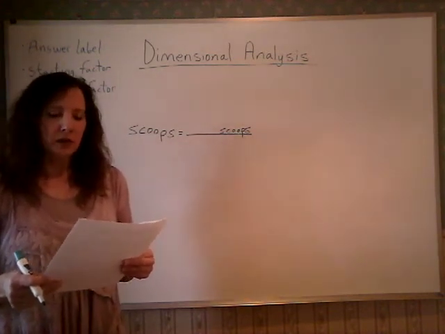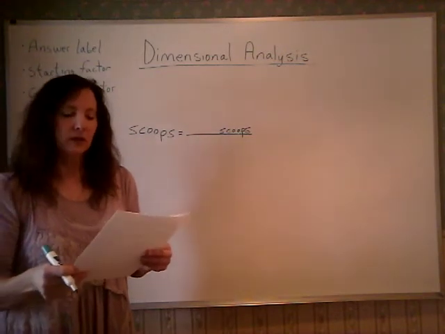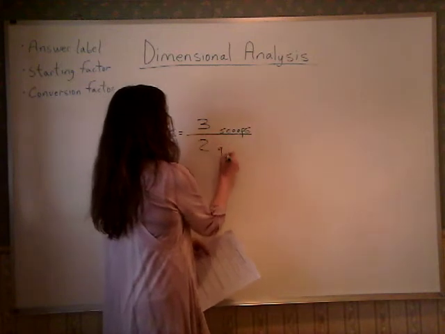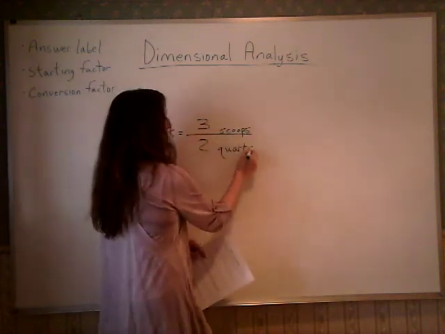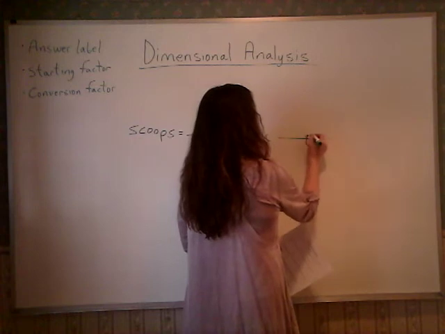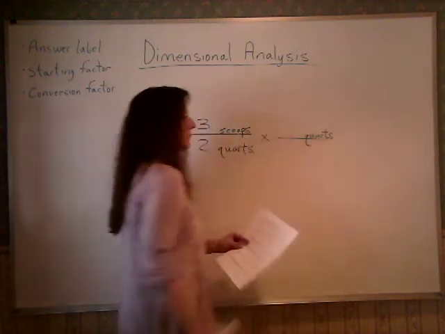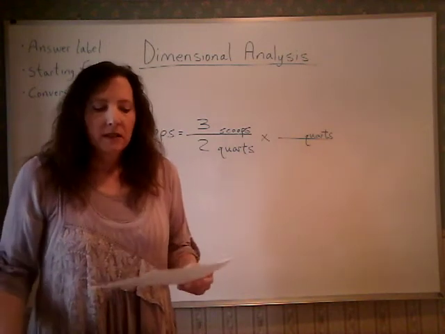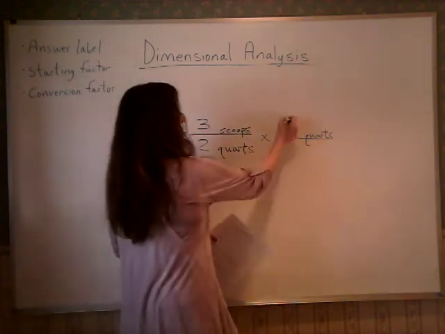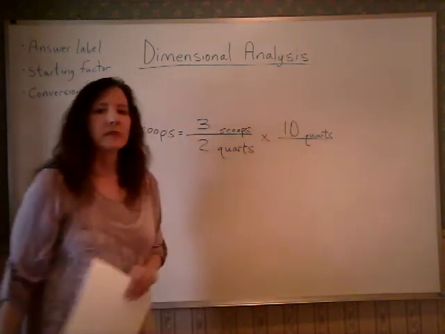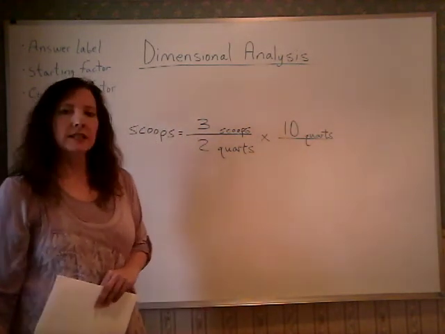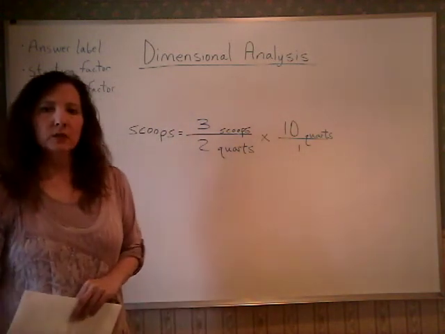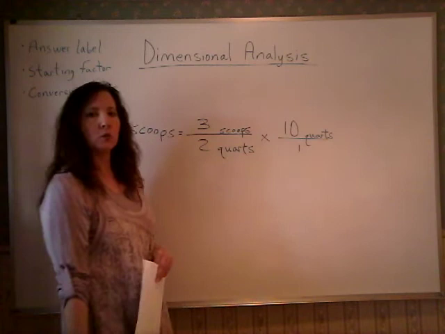What do you know about scoops? 3 scoops will make 2 quarts. How many will we need to make 10 quarts? Plug in your numbers. Last step is to put a 1. And then we cross cancel quarts, being left with only scoops.